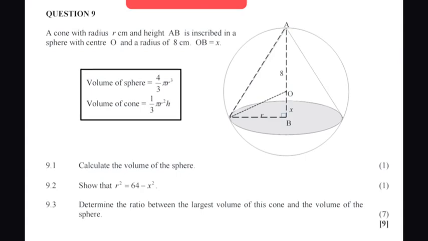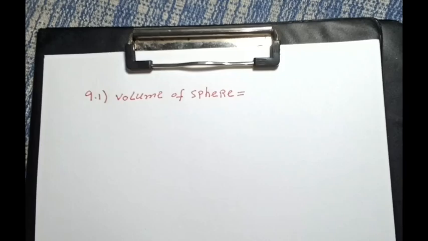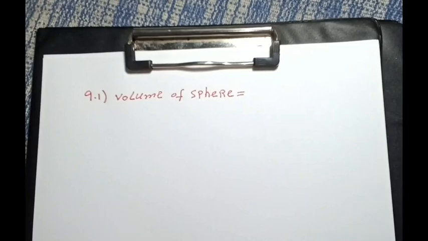9.1 the question says calculate the volume of the sphere. I'll show you now. So the volume of sphere, the formula is given, 4 over 3 pi r cube. So I'm gonna substitute the radius, which is 8 centimeter, into the formula.